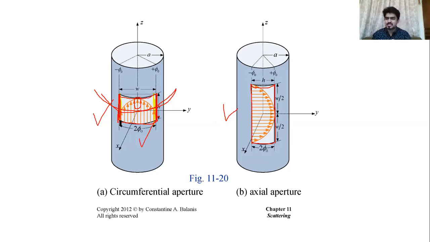So this polarization is a kind of soft polarization for those two surfaces, which will result in a very narrow beamwidth in the H plane.